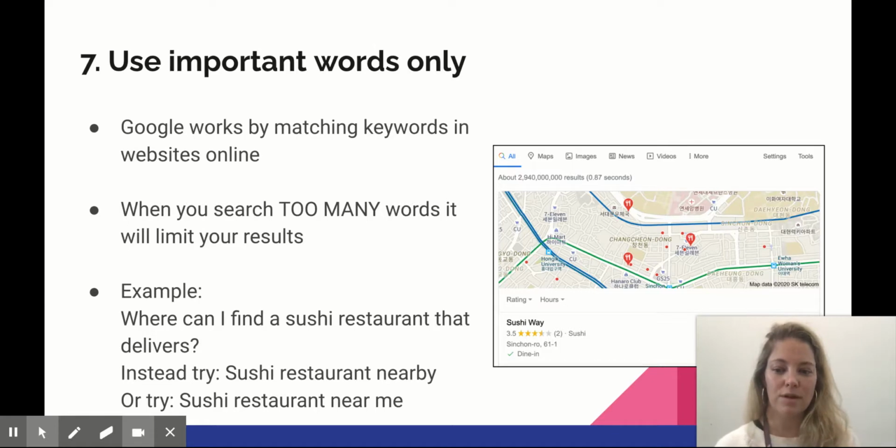The example is, instead of saying, where can I find a sushi restaurant that delivers, be a little more specific: sushi restaurants nearby. So simplify. Or sushi restaurant near me, something like that. I did that, and I got a lot more focused results, rather than saying, where can I find a sushi restaurant that's near me that delivers?